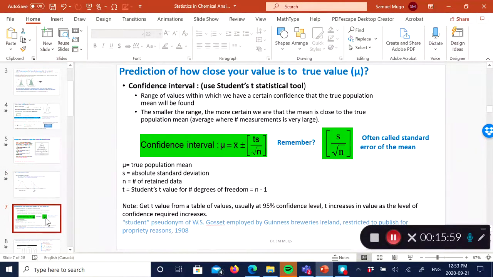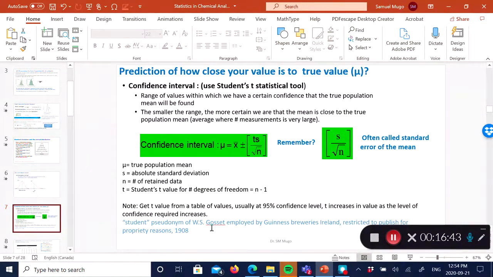So let's talk about how you predict how close your experimental value is to the true value. How do you predict how accurate your measurement is? So you use this confidence interval relationship, where you've got the mu, that's your true value. You've got your x bar, which is your experimentally determined value, plus minus what they call the student's t. And the student's t was actually a data set that was developed in 1908 by this gentleman called Gossett.